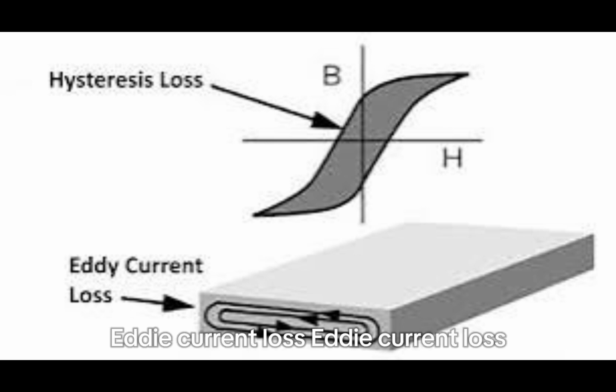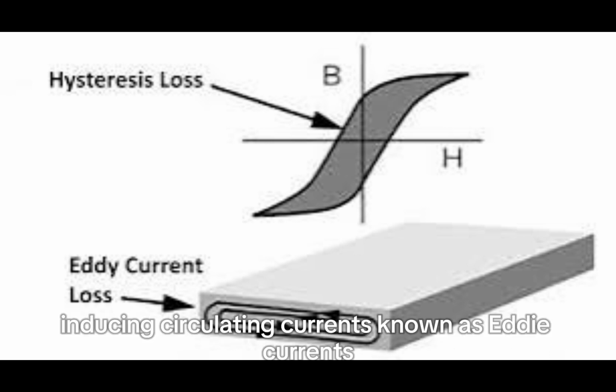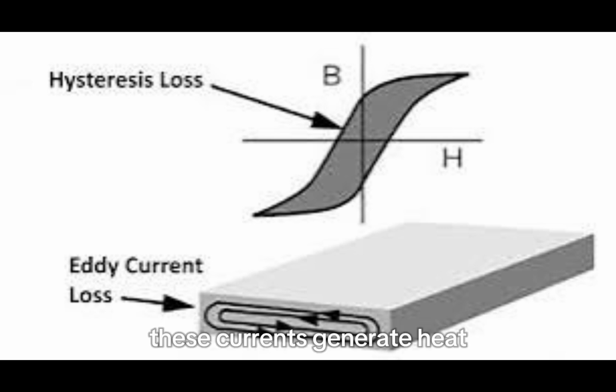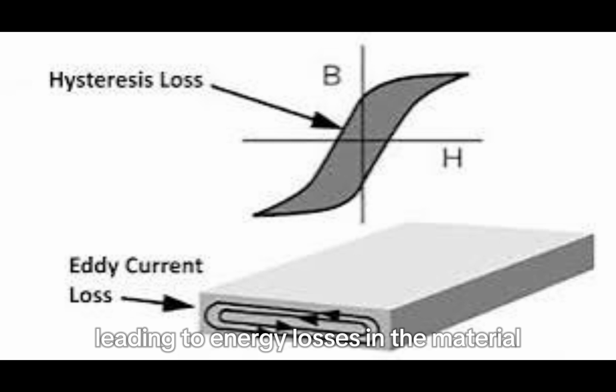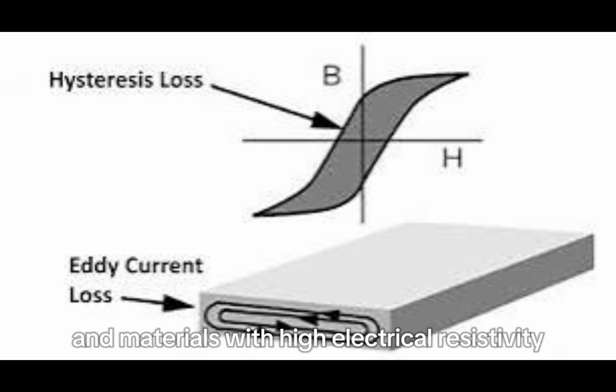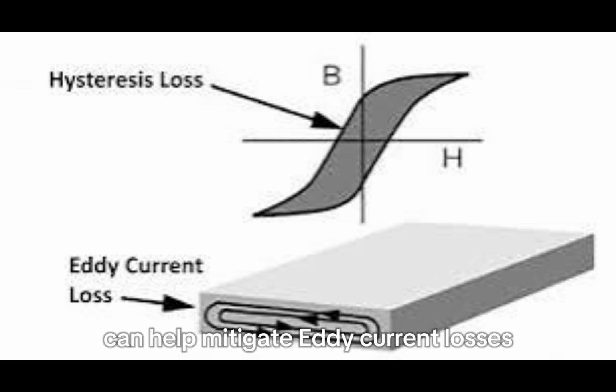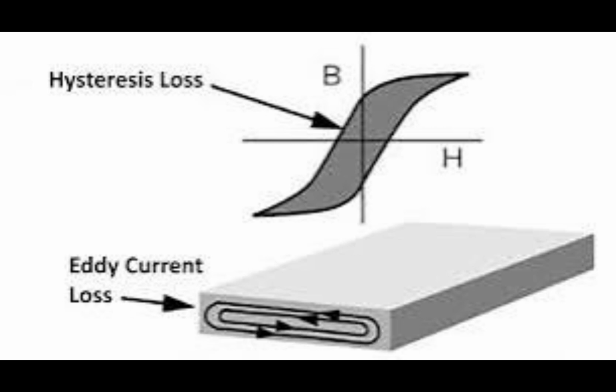Eddy current loss. Eddy current loss arises in conductive materials when exposed to a varying magnetic field, inducing circulating currents known as eddy currents. These currents generate heat through electrical resistance, leading to energy losses in the material. Design considerations such as using laminated cores and materials with high electrical resistivity can help mitigate eddy current losses and improve system efficiency.